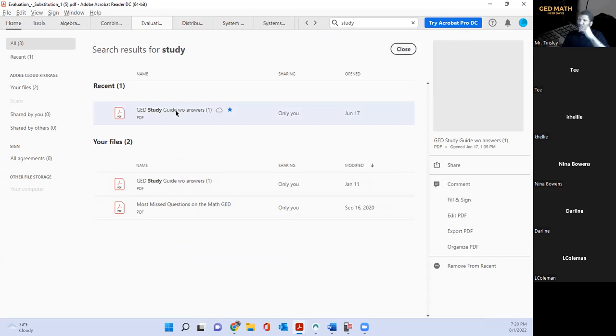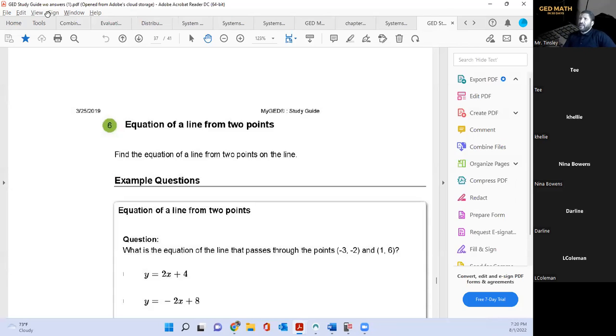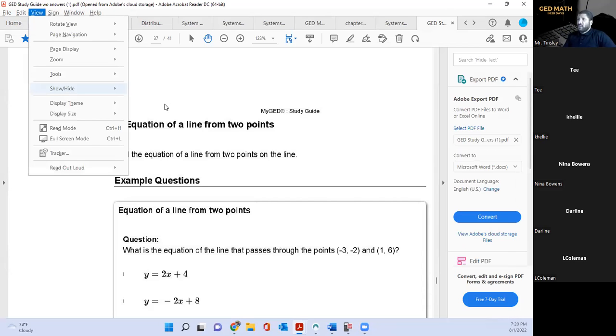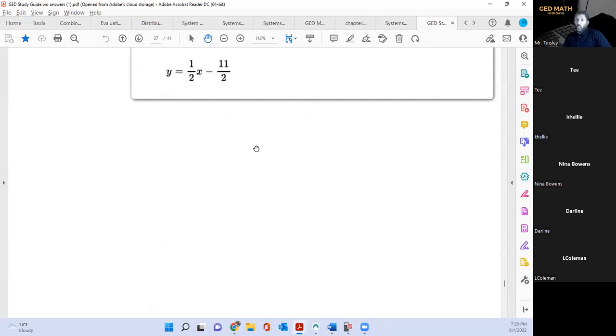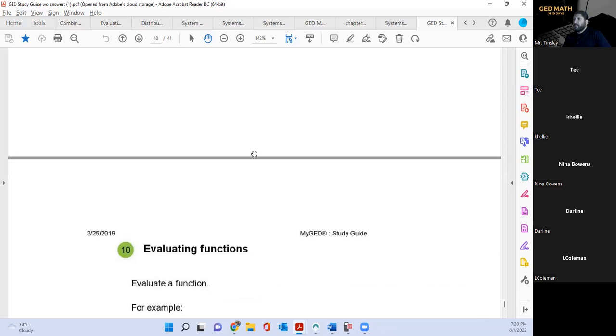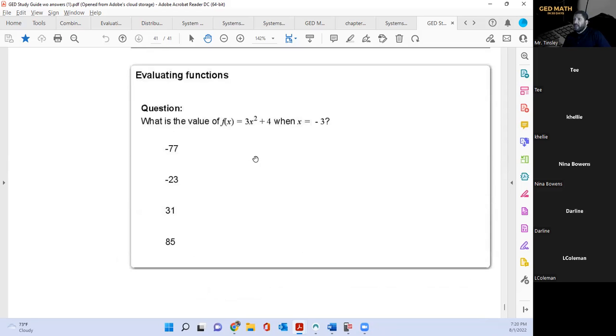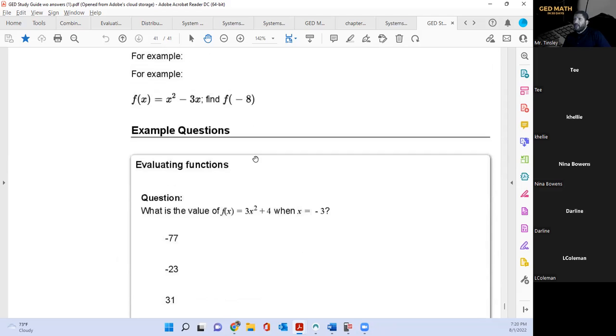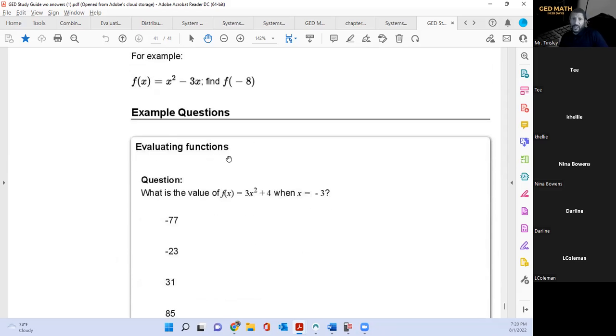So let me just give you an example of how to evaluate a function. Now, again, you're going to get one in the word problem, and you're probably going to get one as a computation. So here, evaluating functions. They can show you different ways. How they usually denote a function is f of x, g of x, or h of x.